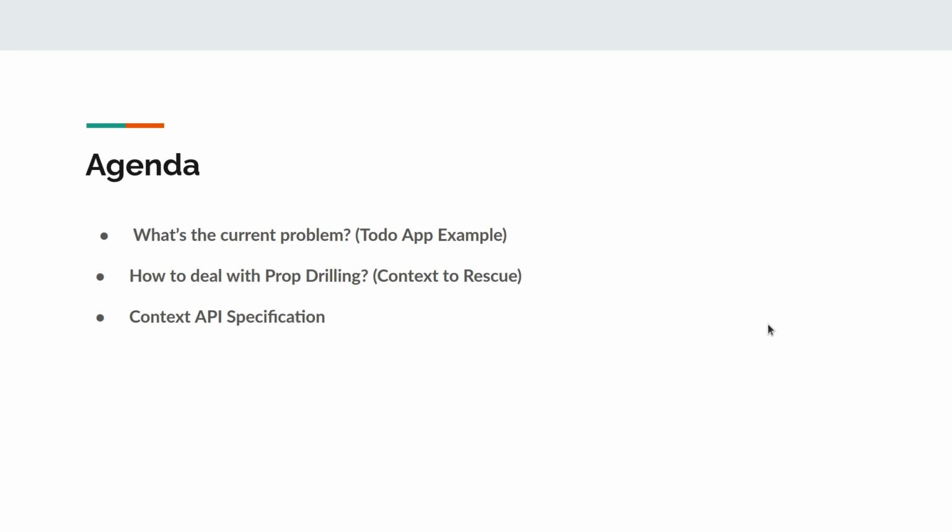Then I will share a basic understanding of how Context API works and what its basic specifications are. Then we are going to understand Context API and the useContext hook with an example, where we will be converting a to-do application using the useContext API.